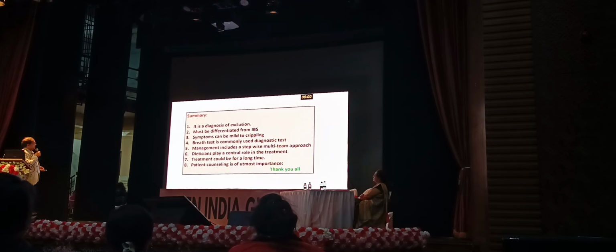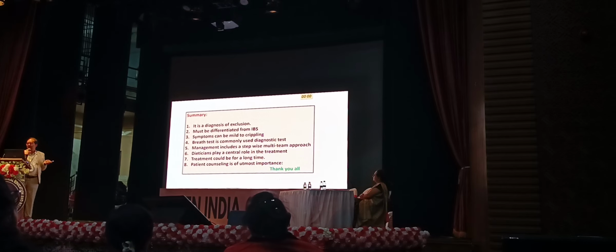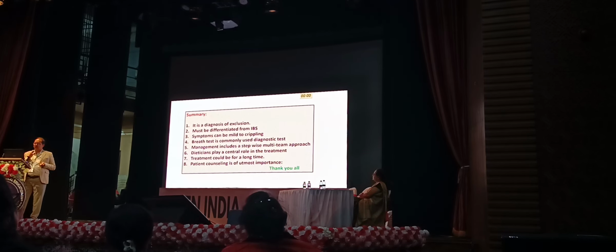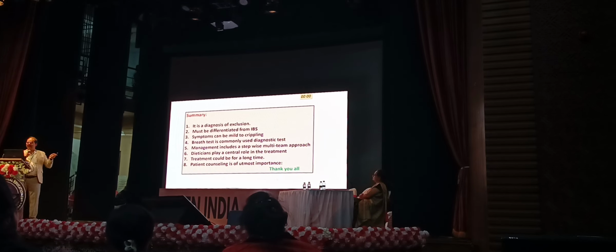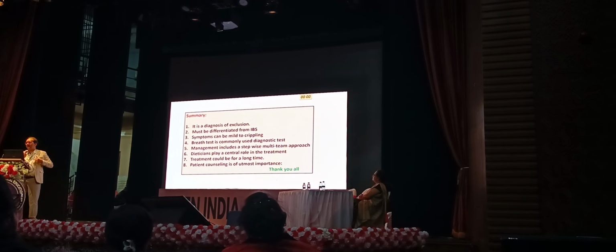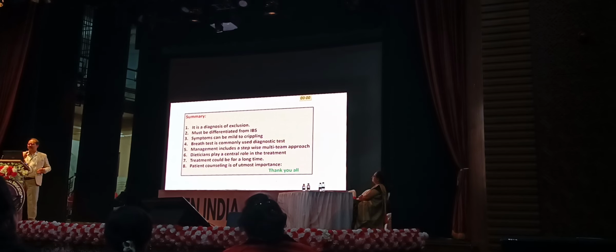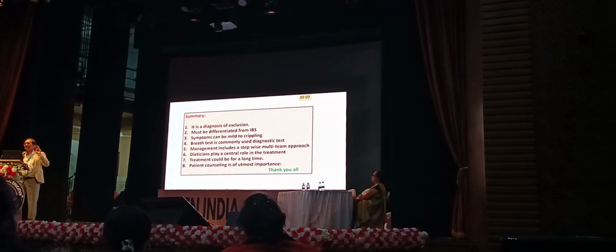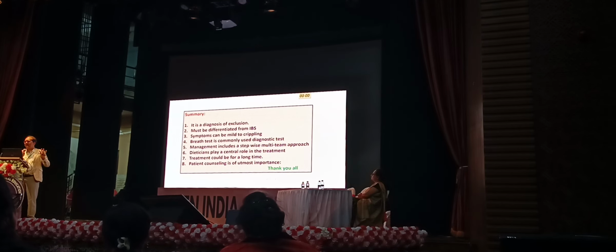So in summary, it is a diagnosis of exclusion. Never ever jump to diagnose SIBO in a person who is complaining of these particular symptoms: gas, bloating, nausea, body pain, joint pain, etc. First step is to see that he might be having some lifestyle problem, correct that.